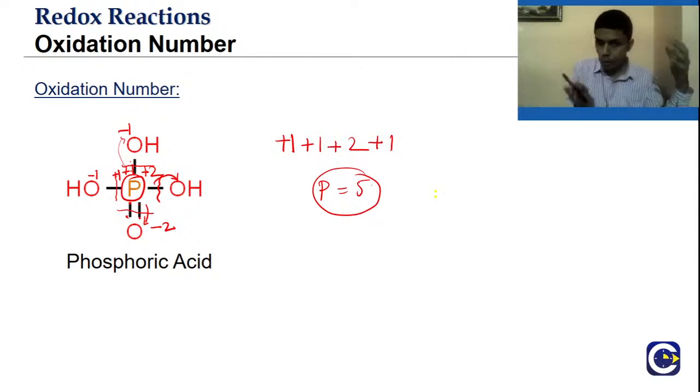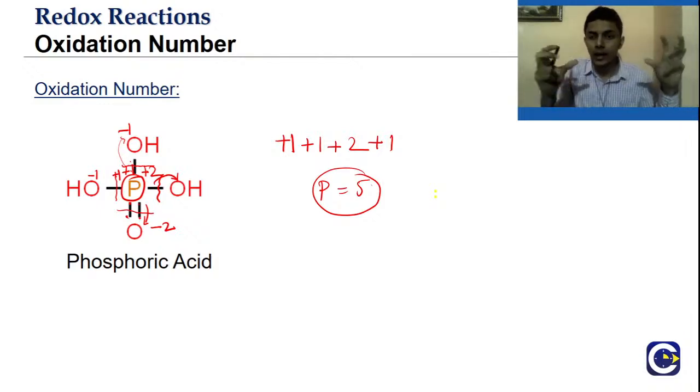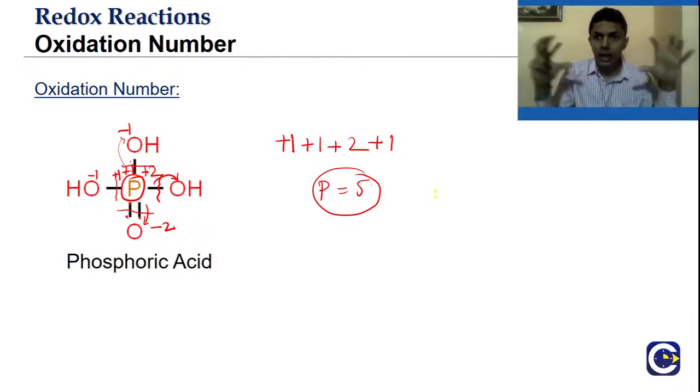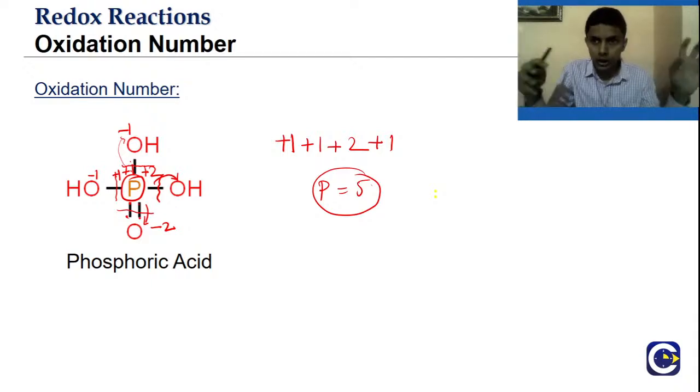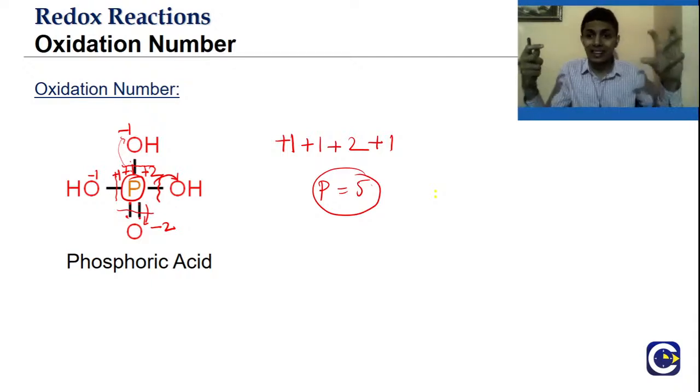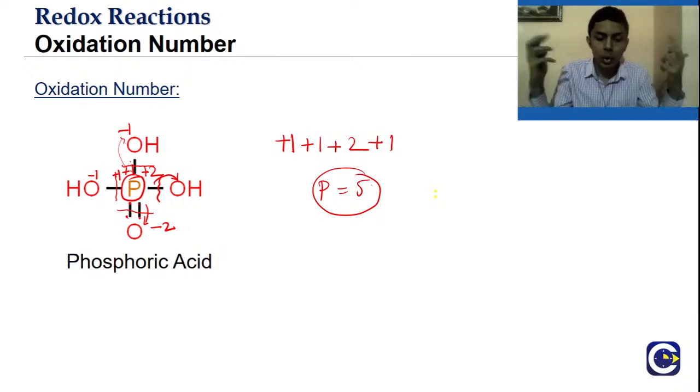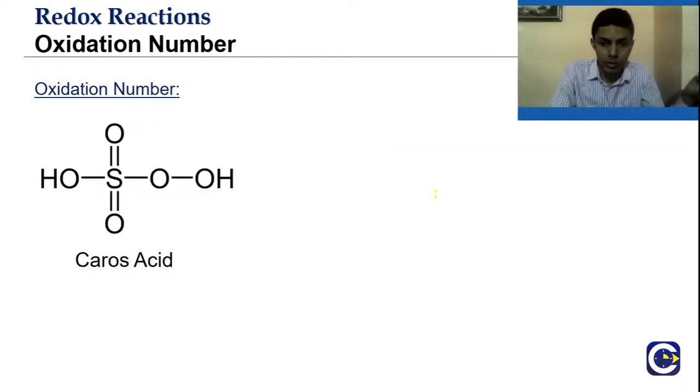When you break all the bonds of phosphorus, you observe that oxygen has a tendency to take away all the electrons from phosphorus, and that's why the notional charge, the apparent charge on phosphorus, could be +5. That's why its oxidation number is +5.